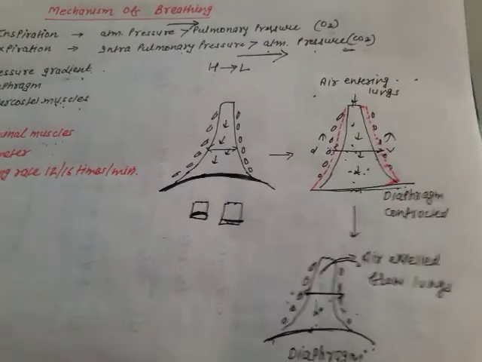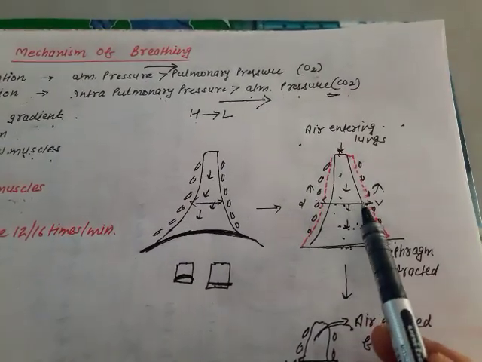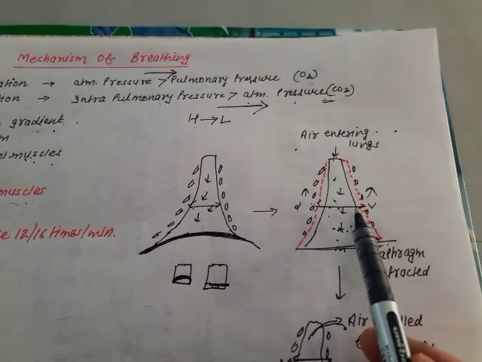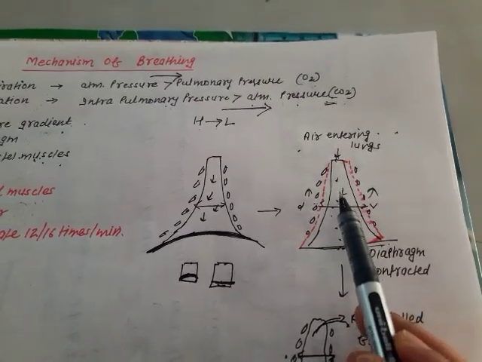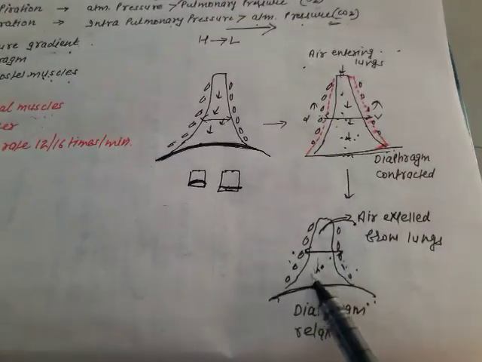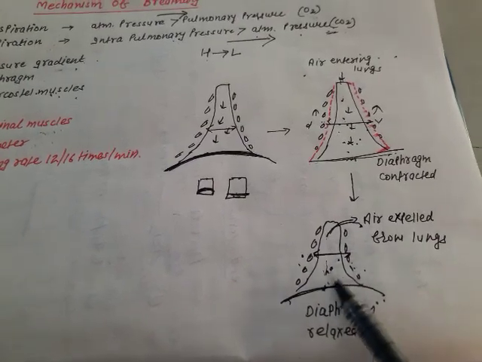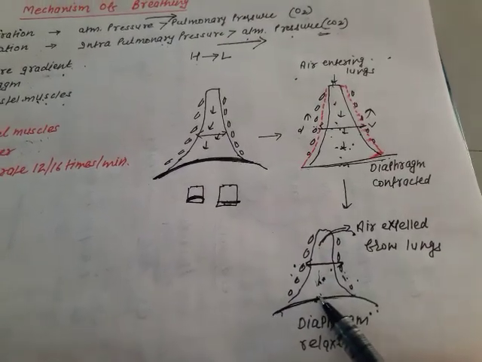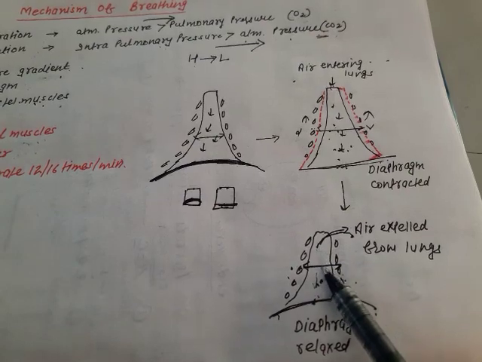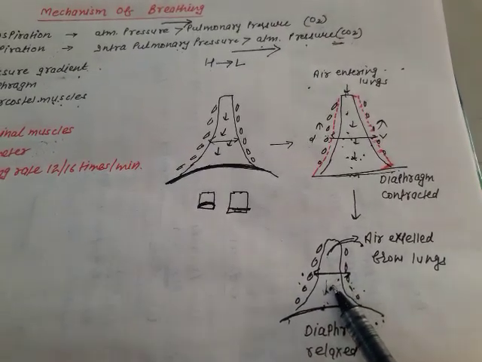Fine, this is expiration. So simply we can say during inspiration, the thoracic volume as well as pulmonary volume gets increased, but the pressure of air gets decreased. But during expiration, thoracic volume and the pulmonary volume will get decreased, but the pressure of air inside the thoracic cavity will get increased.